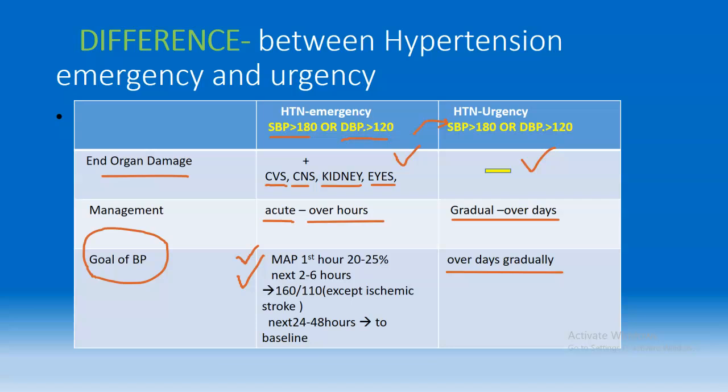That's why we keep the blood pressure high in ischemic stroke. And in the next 24 to 48 hours, we need to decrease it to the baseline. So this is a simple chart which will help you in differentiating hypertensive emergency and urgency.